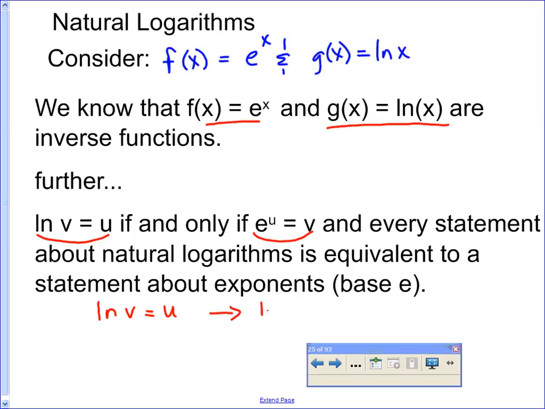So essentially this is the log base e of v is equal to u. So it's a logarithm with a base of e here. So that means that this can now be written as e to the u is equal to v. All right, which is what I have here. And of course, every statement about natural logarithms is equivalent to a statement about exponents, and that is an exponential equation having a base of e.